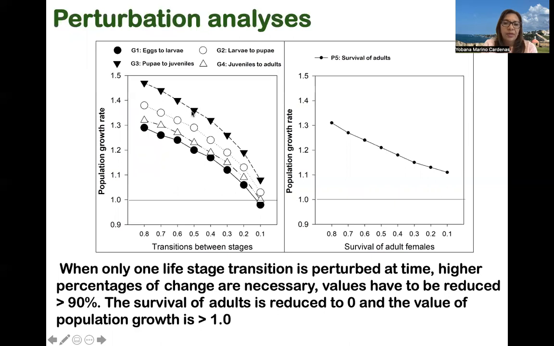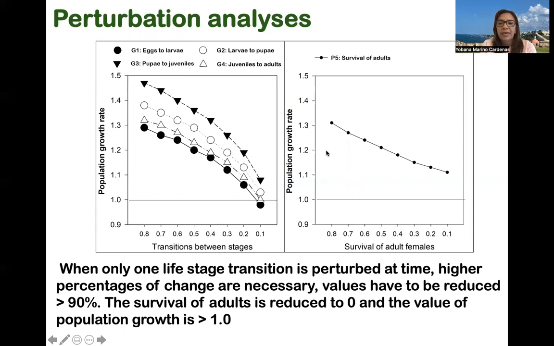And we observed that when we modify, or we reduce, only the value of the probability of only one transition, the percentage of change is higher. We have to reduce, for example, the survival of eggs from 80% to 10% to reduce the value of population growth rate to less than 1.